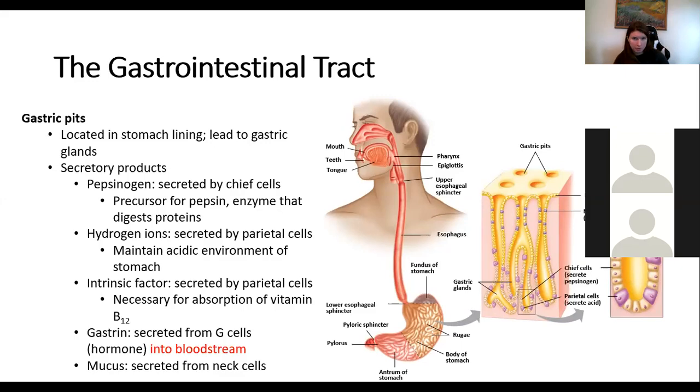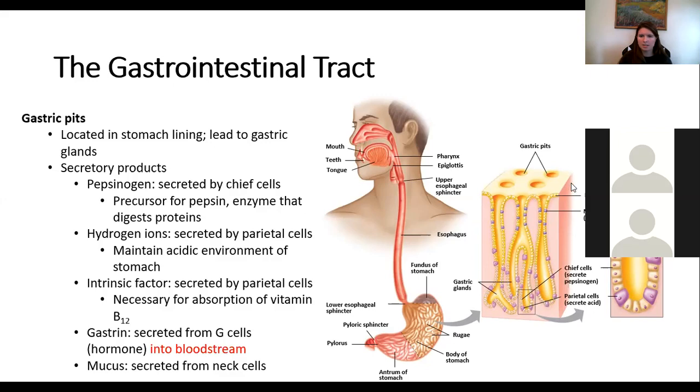So other than the food, the other part of our chyme, the stuff that we're sending into our small intestine, is our gastric juice. Our gastric juice is produced by our gastric pits and gastric glands. If we look in the lining of the stomach, here we can see this gray arrow coming out from the body of our stomach, and we have this zoomed in image.